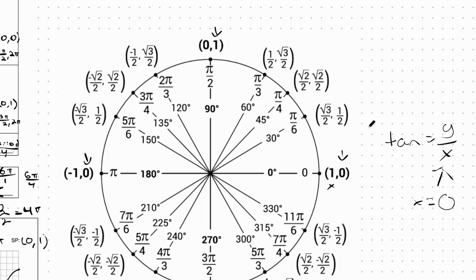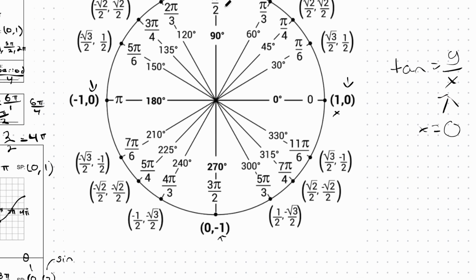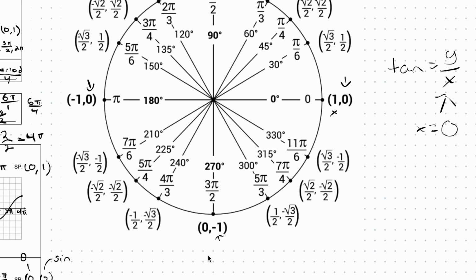So where does x equal 0 on our unit circle? It's going to be pi over 2. And here, 3 pi over 2. Which, by the way, we can also go in the opposite direction, right? We can have negative angles. 3 pi over 2 is going to be the same thing as negative pi over 2, right?